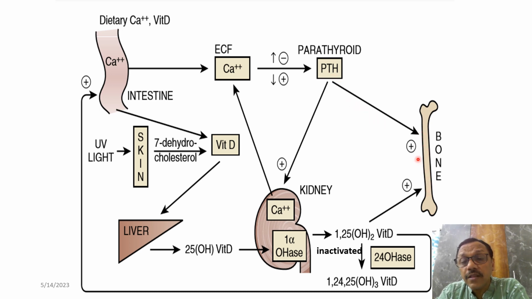Within the bone, it is going to increase the absorption of calcium from the bone under the effect of osteoclast and osteoblast cells. When the calcium is reabsorbed from the bone, there will be an increased amount of calcium in the plasma. This is the first mechanism.